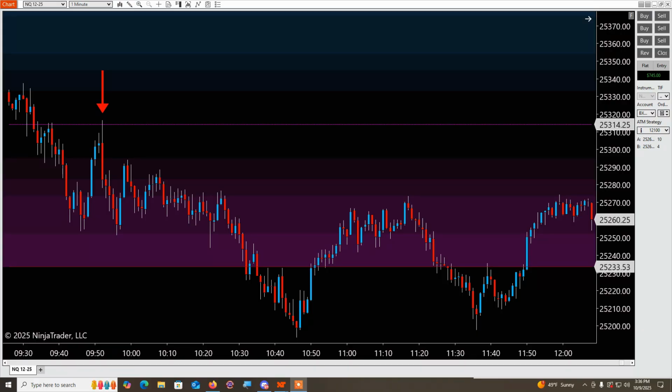I expected a move lower in both the S&P and Nasdaq. So when I am very confident about a move and the market confirms my trade idea, then I would copy 2, sometimes 3 accounts trading this particular idea.